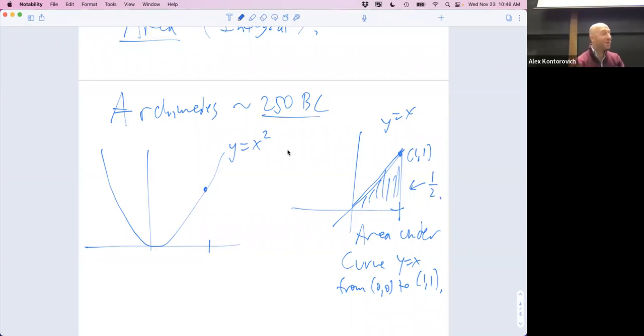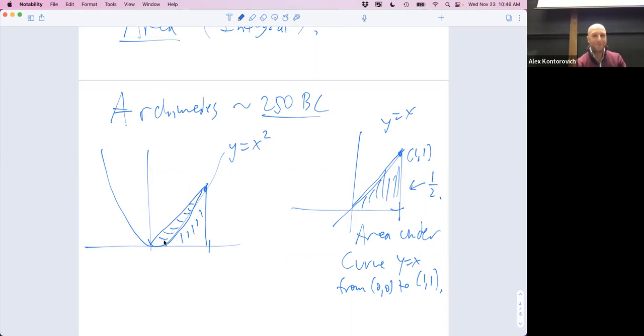Archimedes, 2,000 years ago, was able to figure out the area under this parabola. What he really did is he figured out the area over the parabola, and you can subtract a half from that to work out what this area is. We're not going to go through his solution, it's purely geometric.